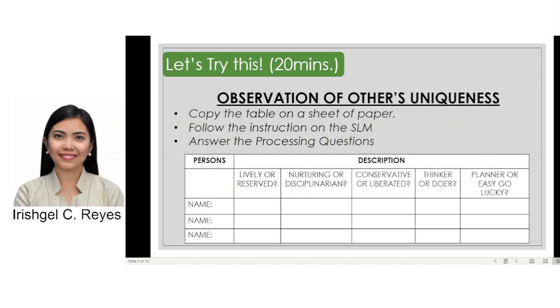Example, 3 famous personalities: singers, dancers, inventors, politicians, artists, etc. Write their names and describe them using the options in each column. Use your best judgment on them. Write your answers to the processing questions after. So, lively or reserved, nurturing or disciplinarian, conservative or liberated, thinker or doer, planner or easy-go-lucky.